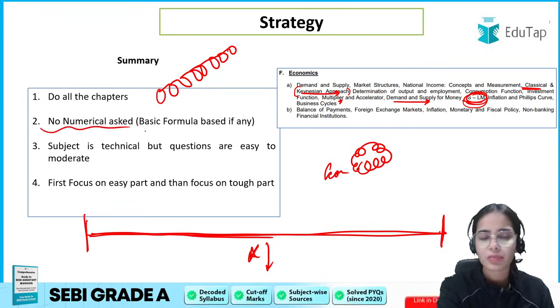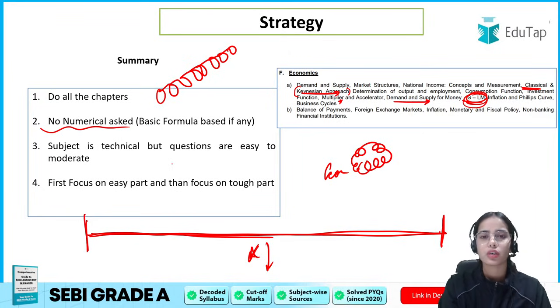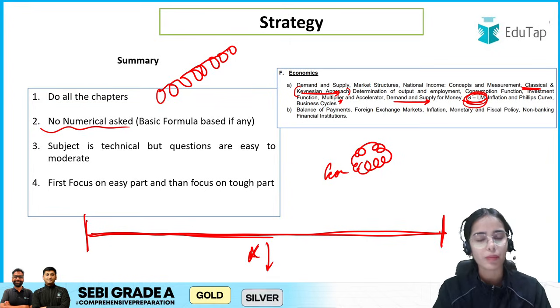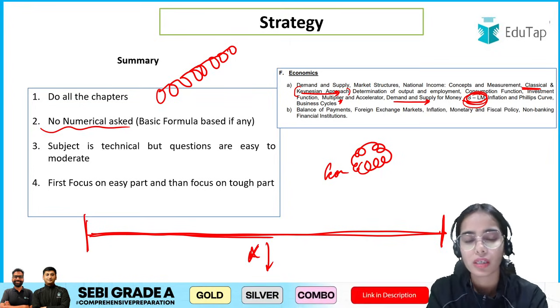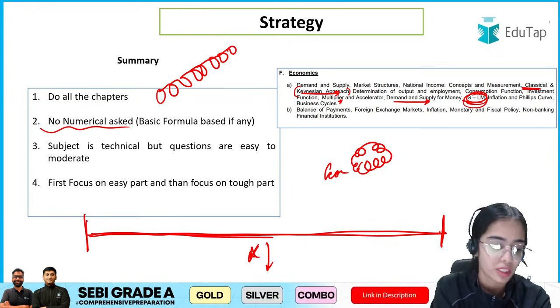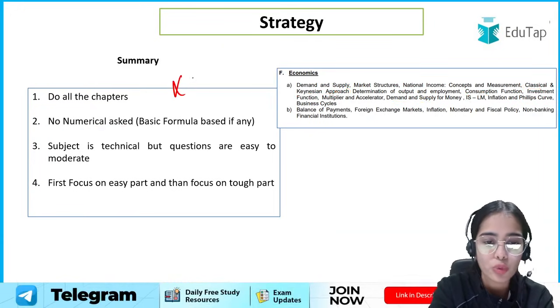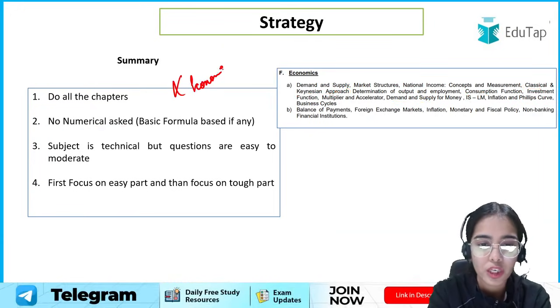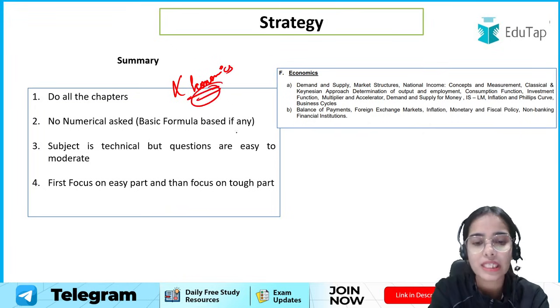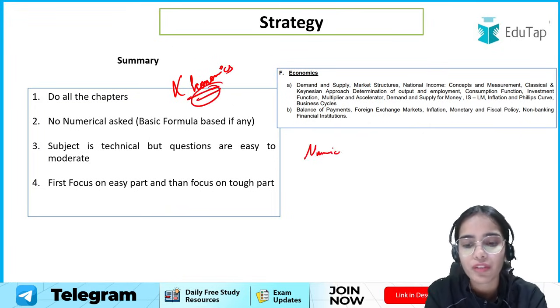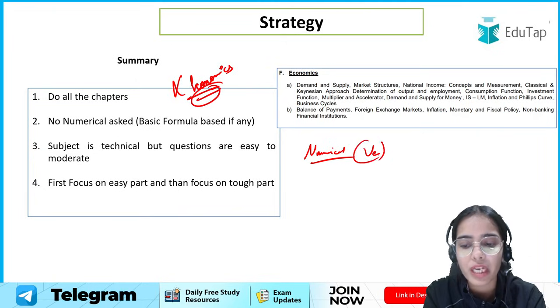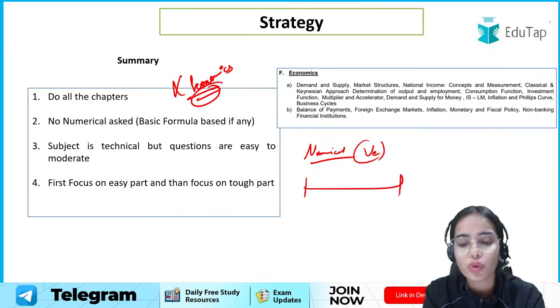No numerical has been asked in 2024. If a numerical comes, it will be from a basic formula, directly from your concept. Basically, numericals usually do not come from economics. Even if a numerical comes, it will be very, very basic, and you will be able to do it if you know the concept.